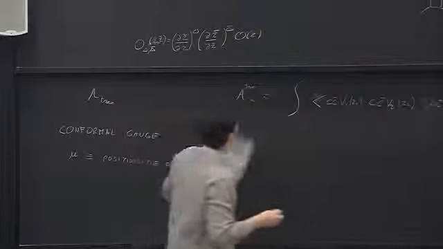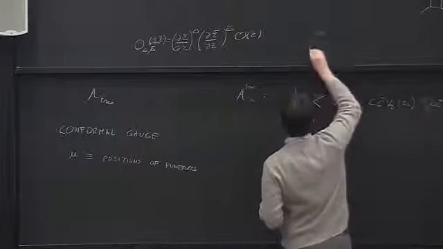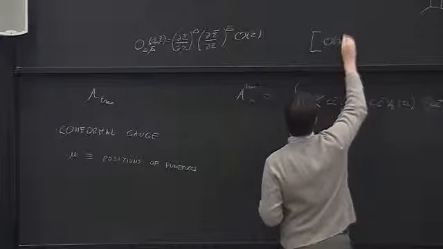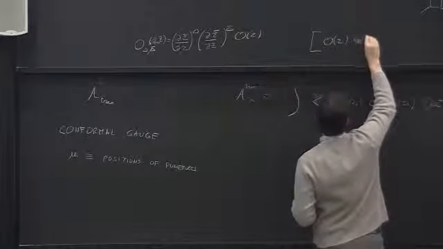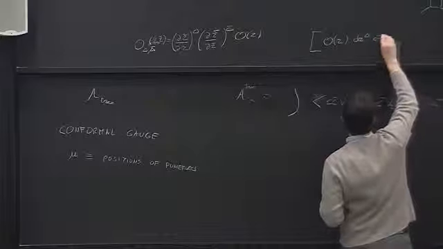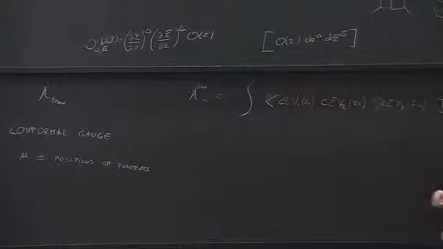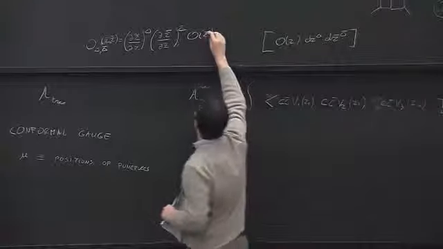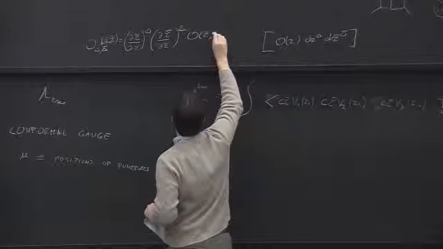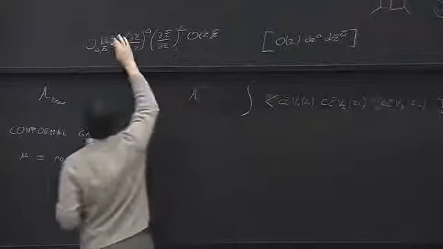One way to say this is that you want the combination of z to the delta, z bar to the delta bar, to be constant. Sorry, of course, this was the z tilde. This is the z.